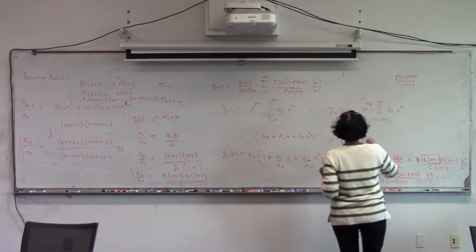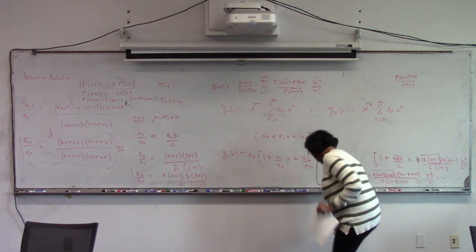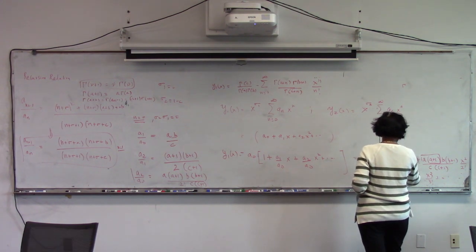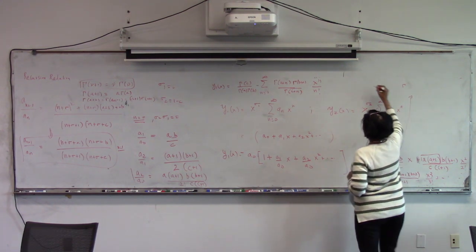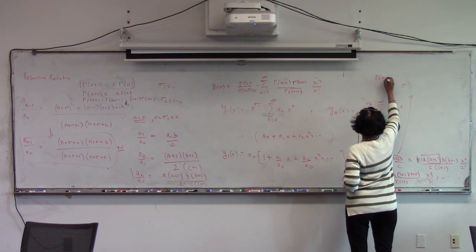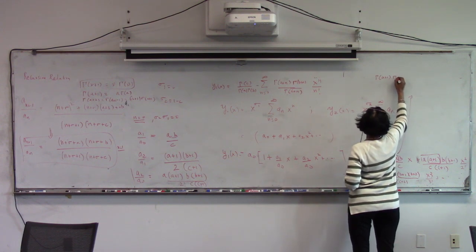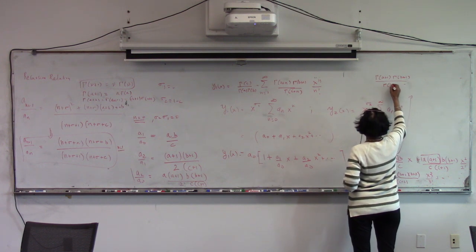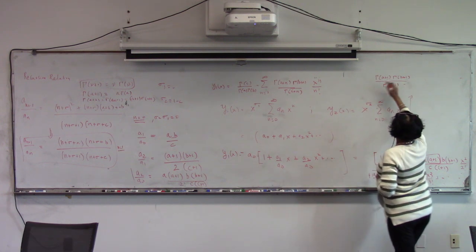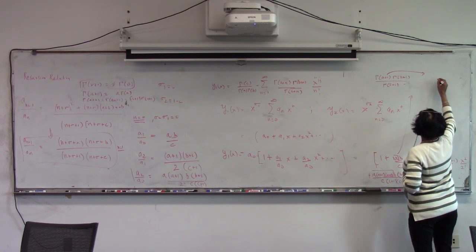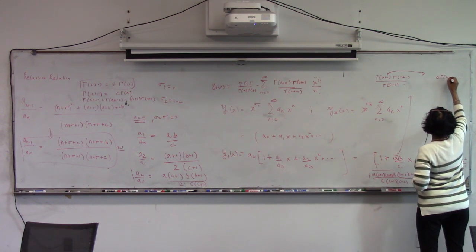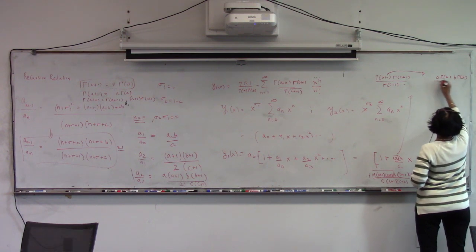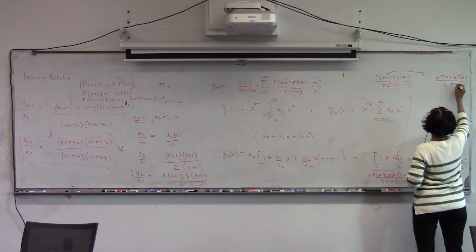We can check n equal to 1. I need to get this for n equal to 1. That will be gamma of a plus 1, gamma of b plus 1, gamma of c plus 1. So this is nothing but a times gamma of a, b times gamma of b, and c times gamma of c.